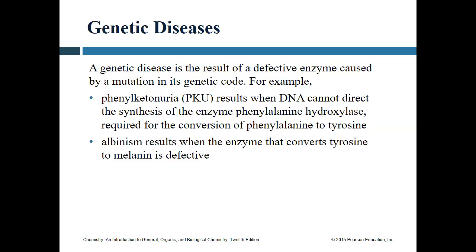So genetic diseases come as a result of defective enzyme production. And the production of those defective enzymes comes from mutations in the genetic code. Just a couple of examples.